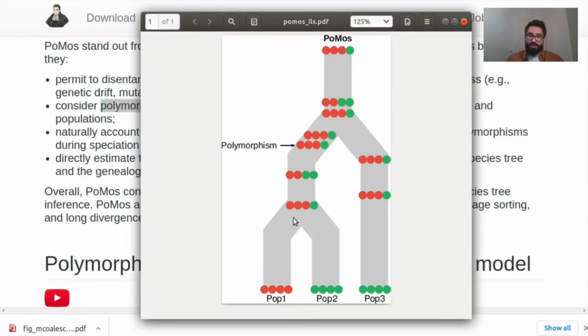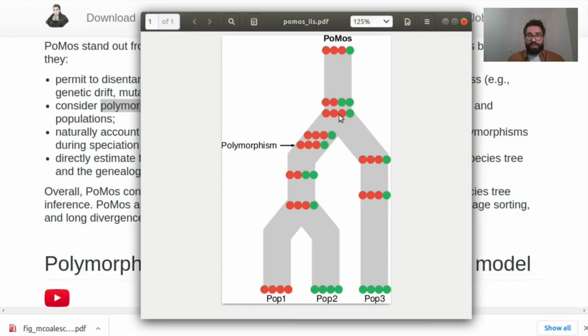So imagine the evolution of these three populations. We know by the gray relationships, this represents the species tree, that population 1 is closely related to population 2, and the first population to diverge is population 3. So ideally, we would obtain the relationships for these populations that would cluster population 1 with population 2.